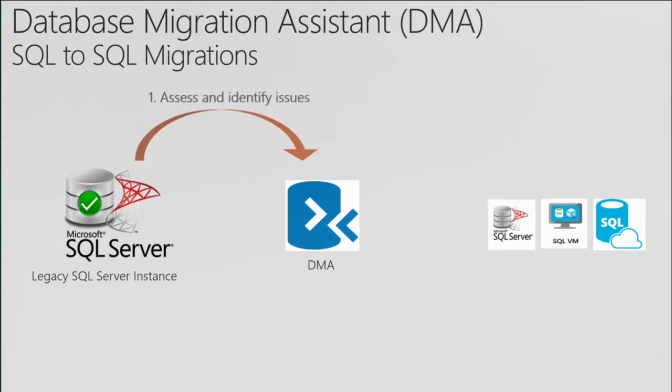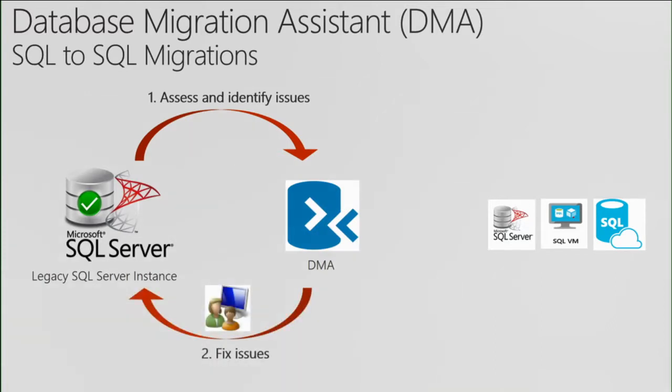So just quickly, DMA, Database Migration Assistant, is essentially SQL to SQL migration, SQL to SQL upgrade is what this tool is good at. So you do the assessment, identify if you're going from 2005 to, let's say, 2017, maybe some data types not supported or some changes in the keywords. Those are the kind of things that you will get as a report.